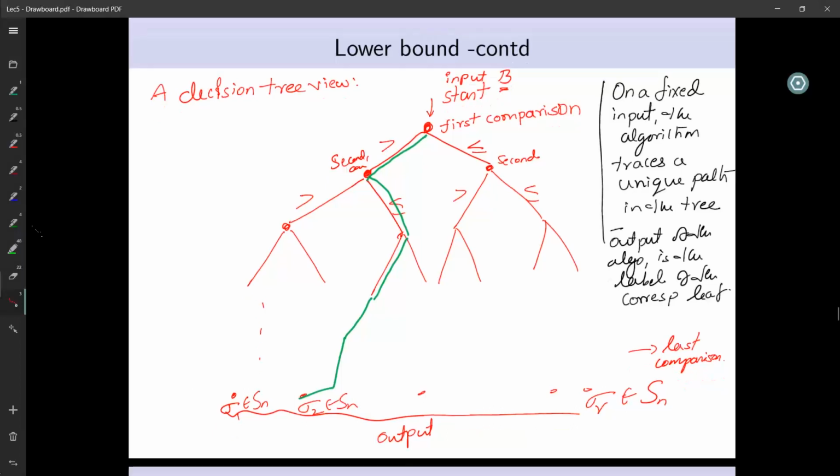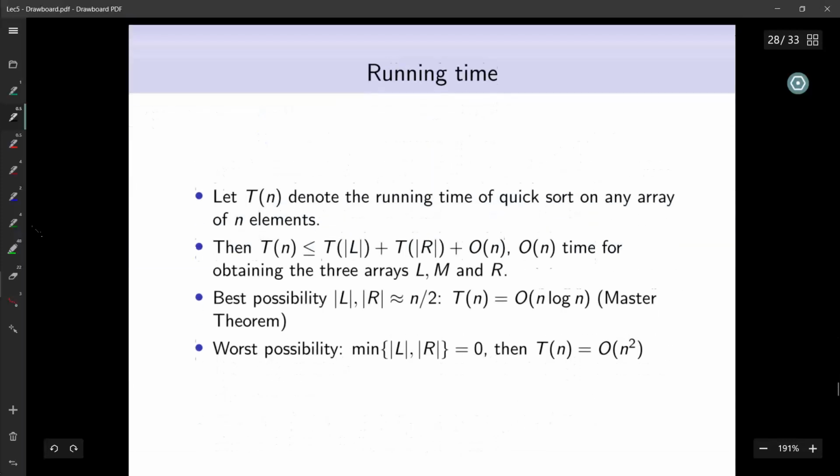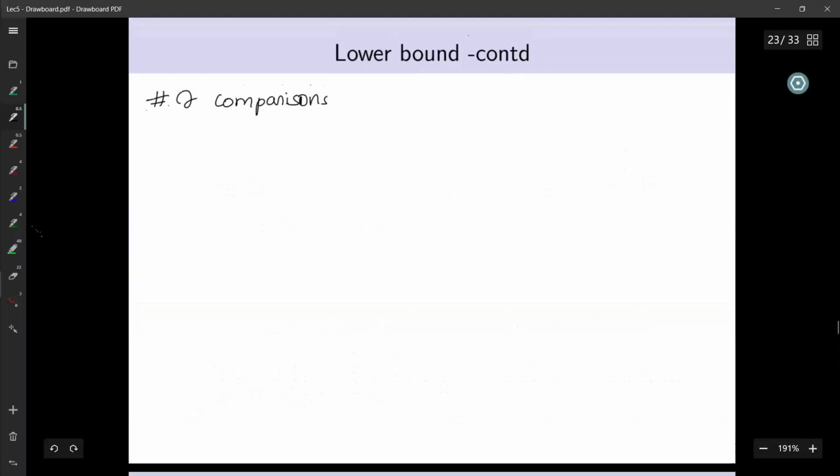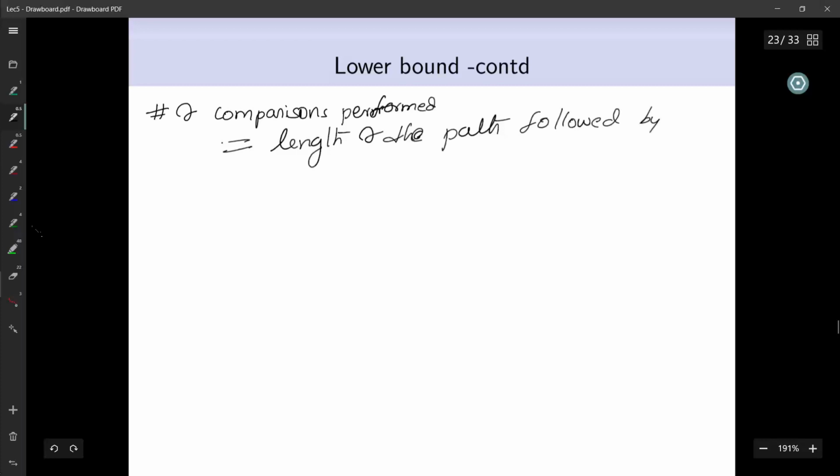So I'll move to the next page. The number of comparisons performed is equal to the length of the path traced by the algorithm, or the path followed by the algorithm on the given input.